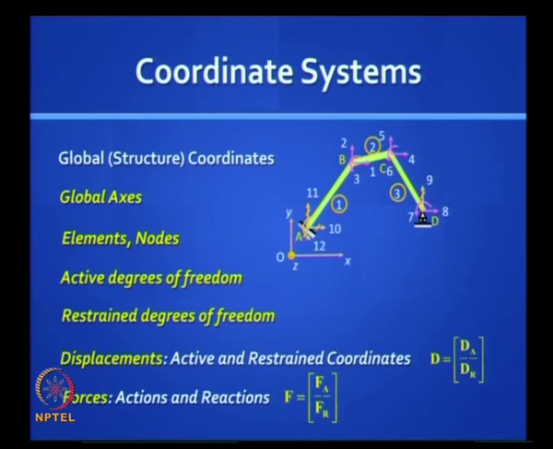Now luckily A and R also have other words to describe them from a force point of view. So you can also have FA, which is conjugate with dA, and FR, which is conjugate with dR. It is exactly where you have active degrees of freedom that you can apply loads, isn't it? So A stands for actions, which means loads.